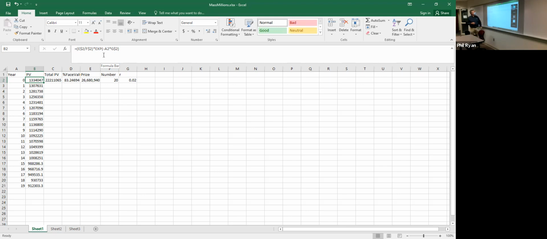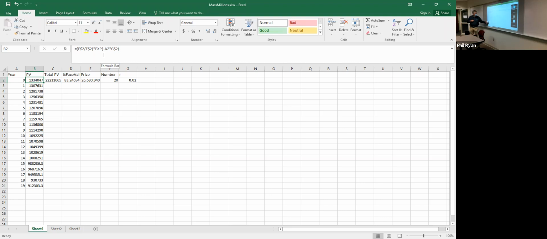So in the first payment, you get the actual full value of your prize, which is this 1,334,000. But as you go along, because it's in the future and we've got a 2% interest rate, even though the face value is 1,334,000, its actual present value is less.